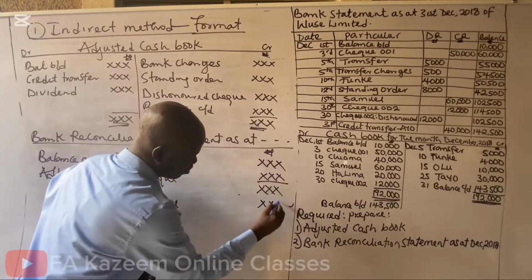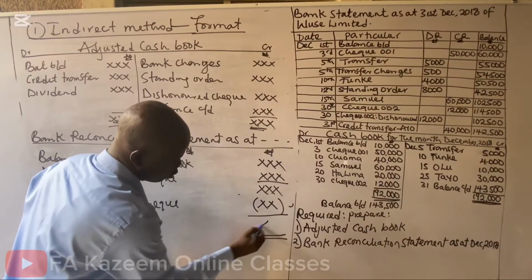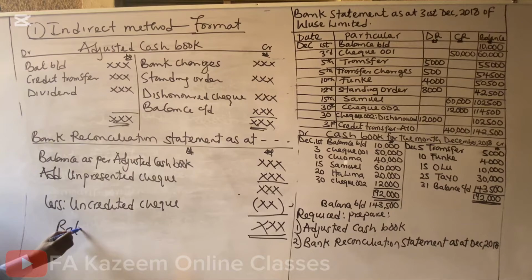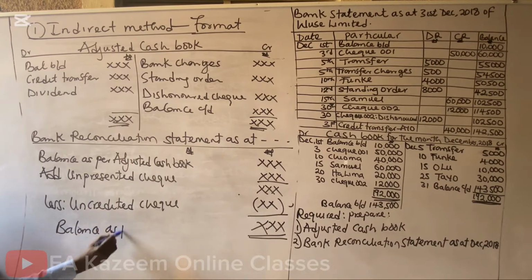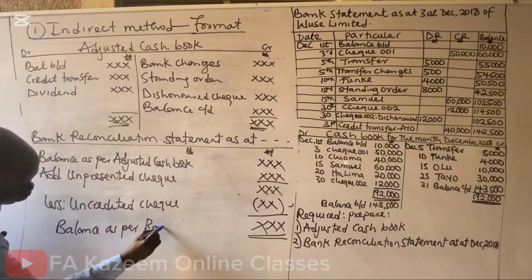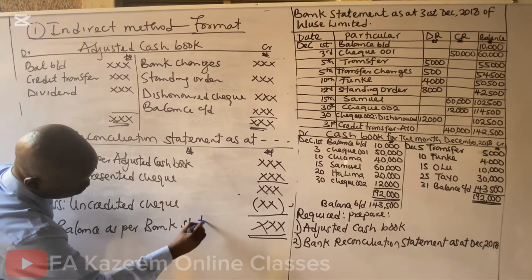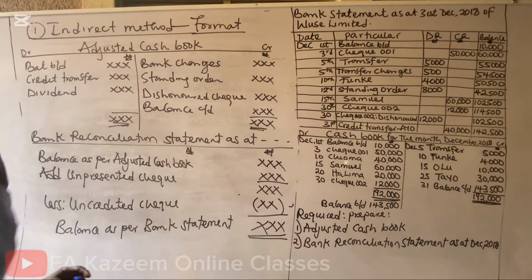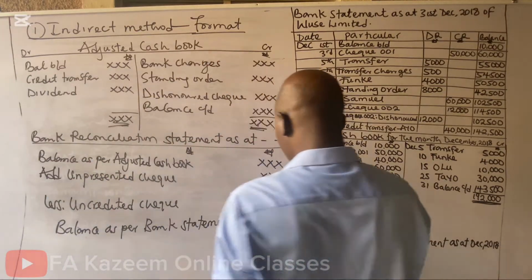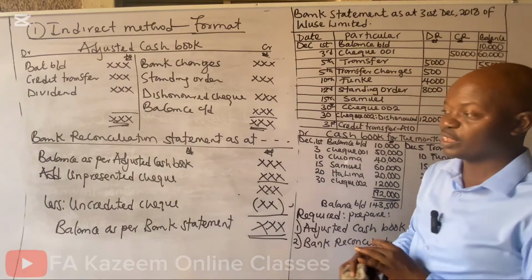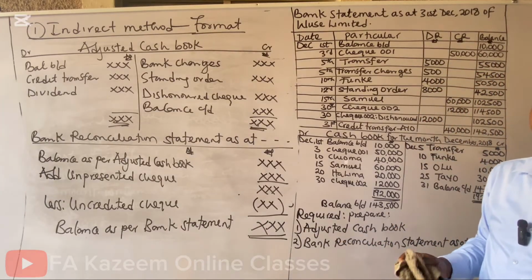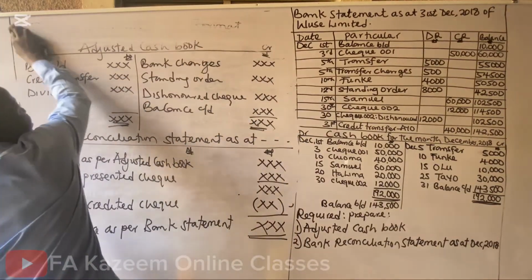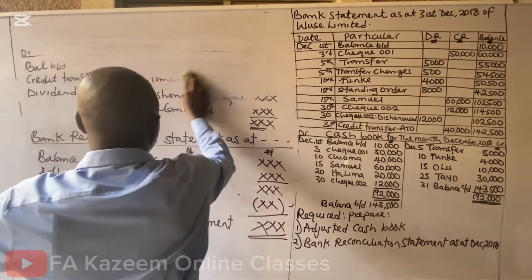Once we less our uncredited check, what we are going to arrive at is known as balance as per bank statement. This is the format using the indirect method in practice.